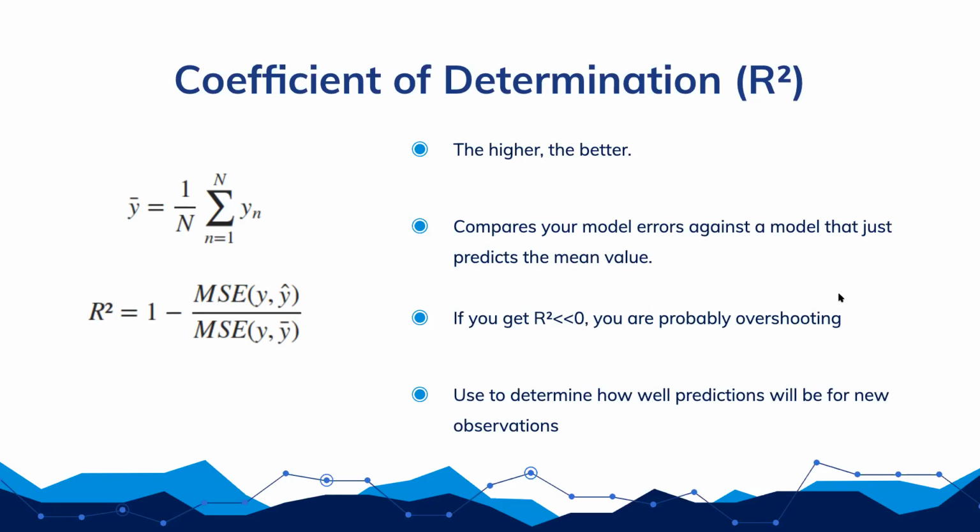See here the formula in this part, like the MSE, where you have the Y value and the predicted value. Remember that this is mean squared error, what we talked about with the squared difference. And here is the same thing, but you're calculating it between the real value and the mean. So you are saying, what is the difference between my model and if I just predict the mean of all values? I'm trying to see how my model will deviate from just a simple mean model.